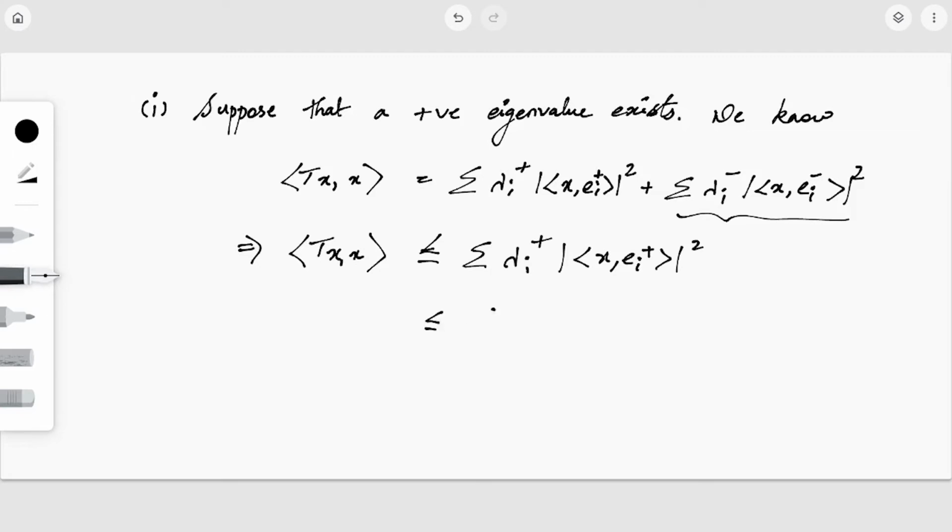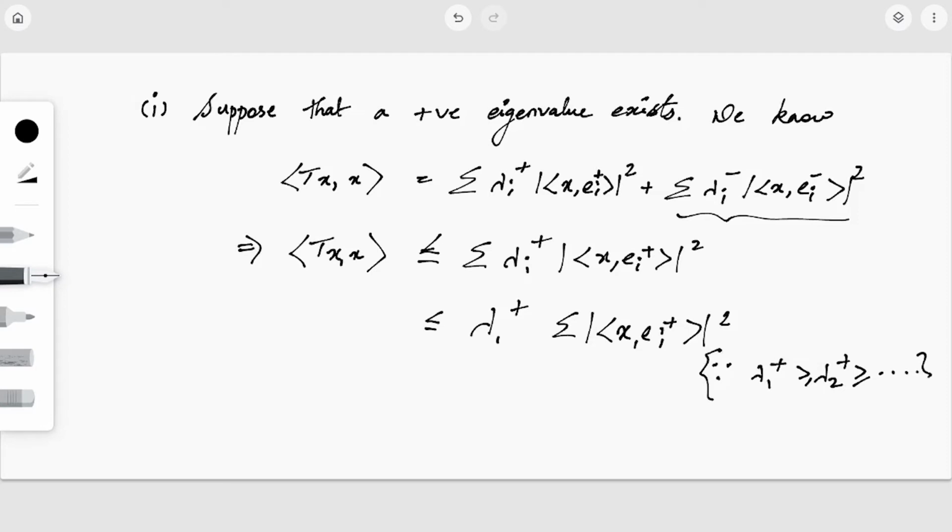So I can take that common out: λ₁⁺ into the summation of ⟨x, eᵢ⁺⟩ whole square. What is the reason for this? Since λ₁⁺ is greater than or equal to λ₂⁺, because λ₁⁺ is the maximum value, I can say that each term will be less than or equal to λ₁⁺.